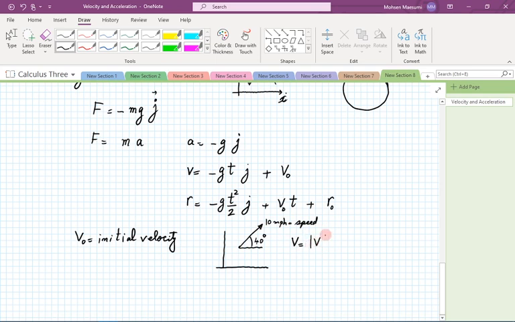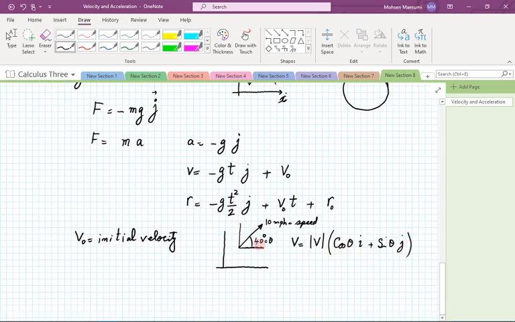Remember, speed was the absolute value of this thing, times its two components, one in the x direction and one in the y direction. The x direction is going to be cosine of whatever angle they gave us, let's call it theta. That's cosine of theta times i, and then the vertical component is going to be sine of theta times j.